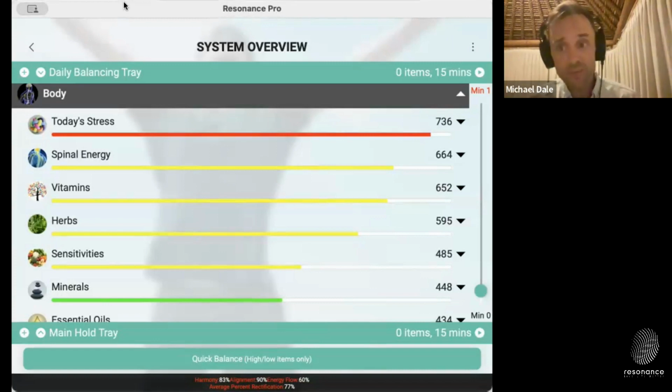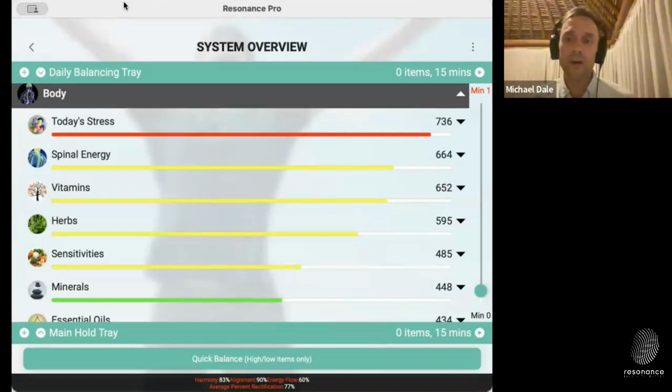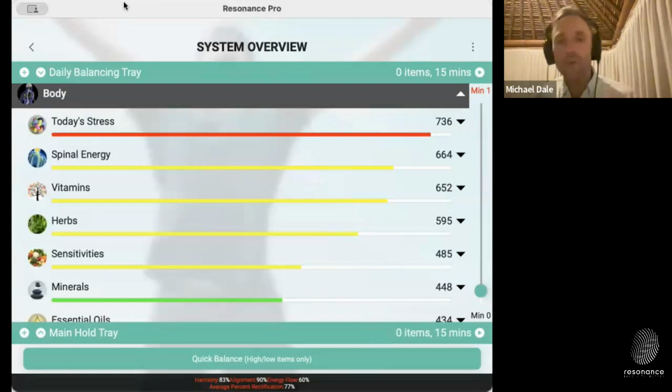I've had that for some years, and I've tried a lot of different chiropractors, osteopaths, physiotherapists, and massage therapists, and unfortunately no one has ever really been able to help me with it apart from one practitioner. So I'm interested in using resonance to see if it will help with my spinal energy.